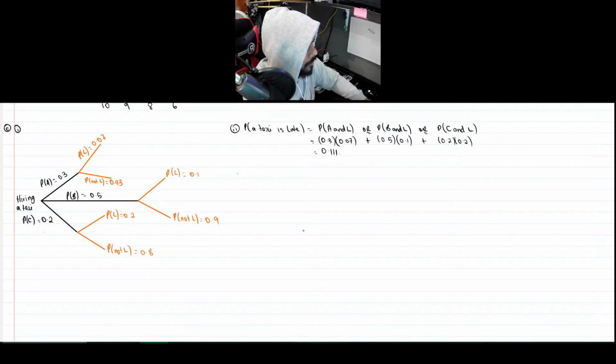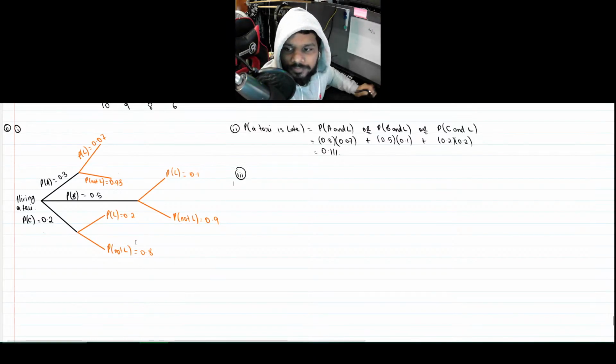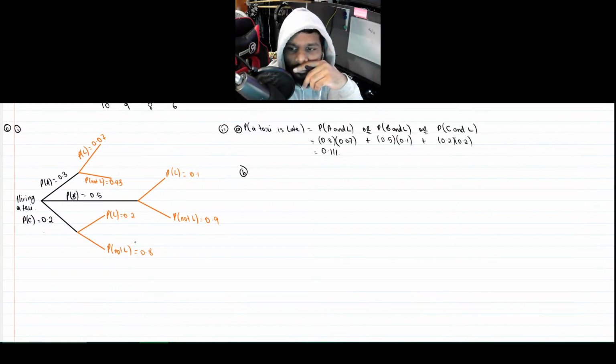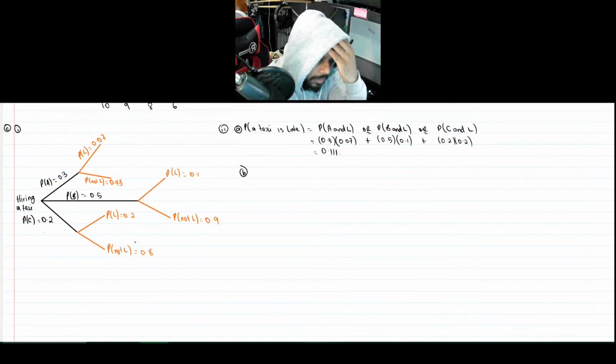Part 3 is actually part 2, parts A and B. A taxi will come from garage C given that it is late.